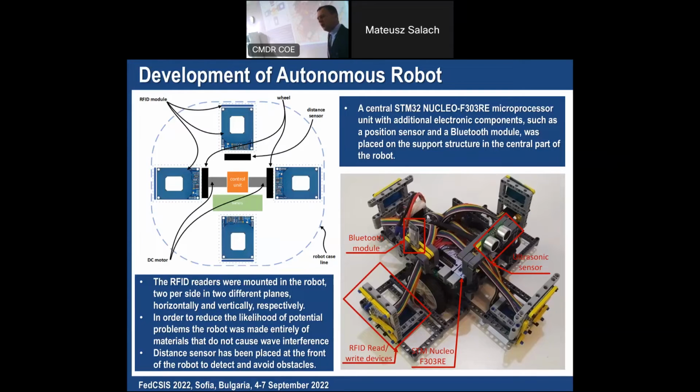So we have to deal with some multitasking programming, which is, of course, always a challenge in case of microcontrollers like the one we use.